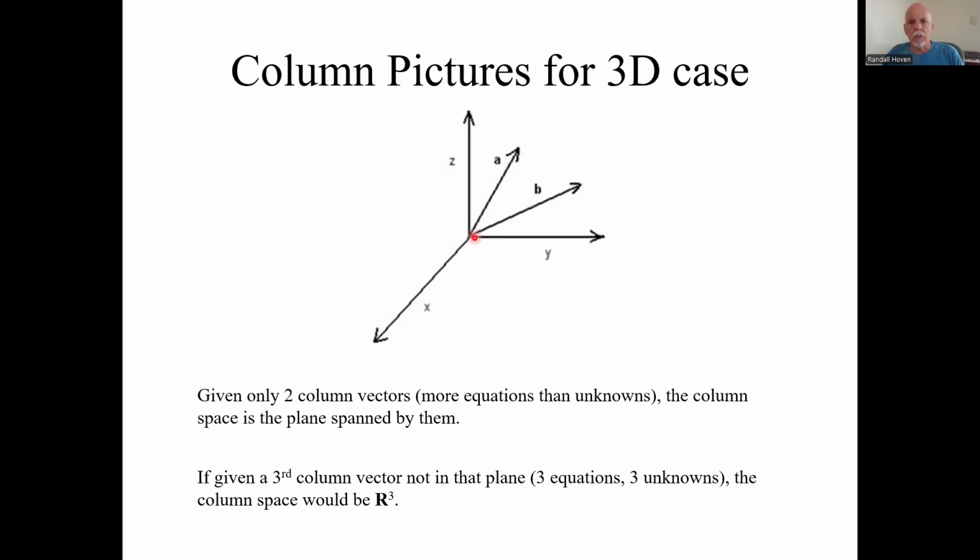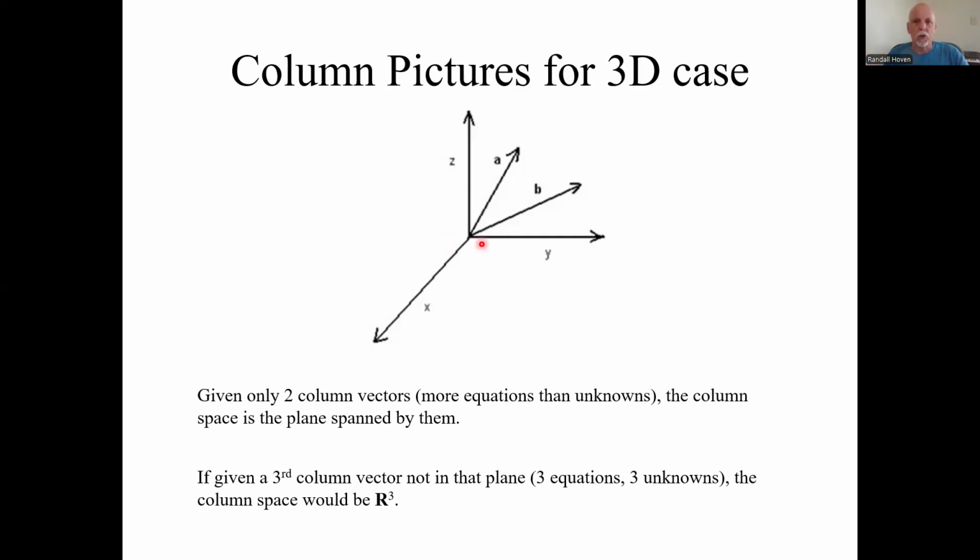If you were given a 3rd column that does not lie on that plane, is somewhere out of that plane, then a linear combination could hit anything in the whole XYZ space. Then the column space is all of R3, 3D space.